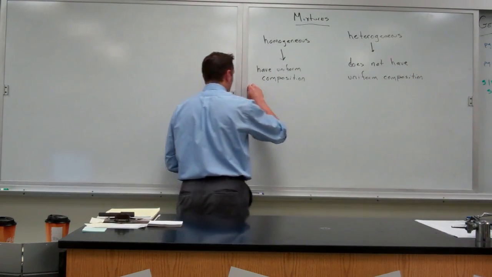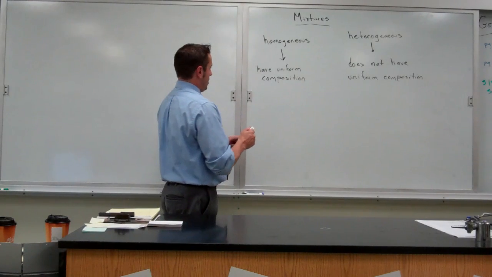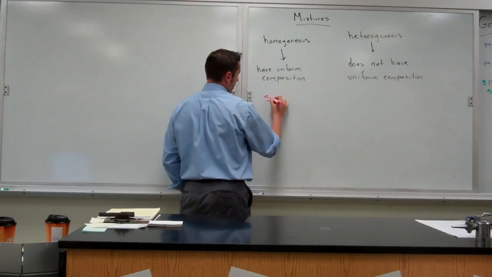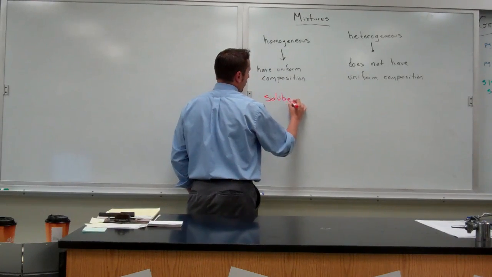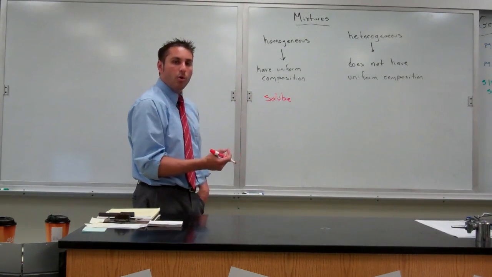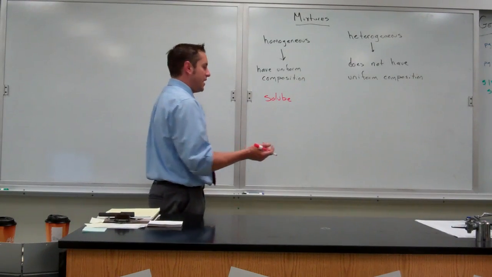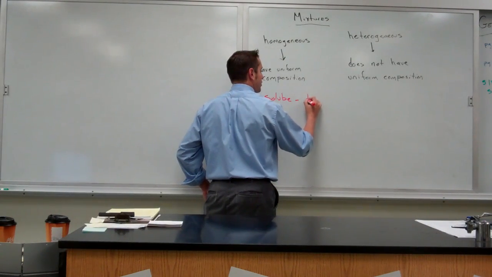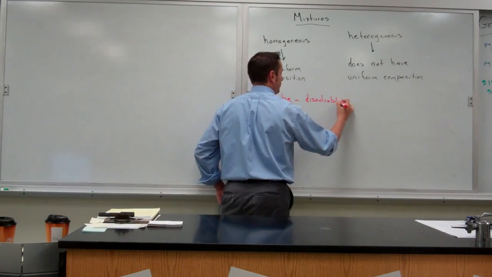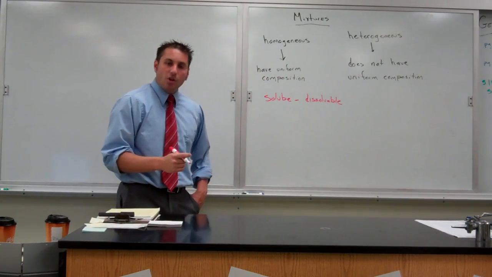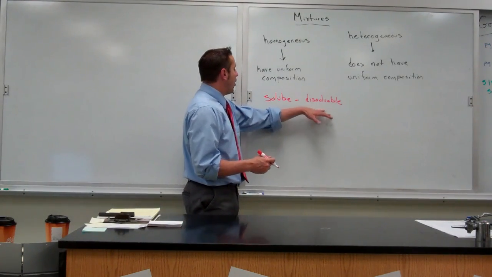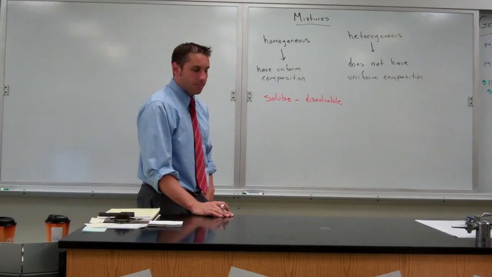Anytime we are mixing different things together, we will describe them as either being soluble or insoluble. Soluble is just a fancy word for dissolvable. So if something is soluble in something else, that means it is able to be dissolved in that substance.